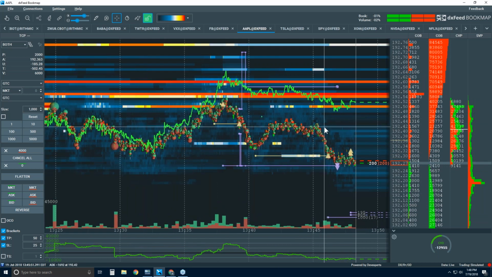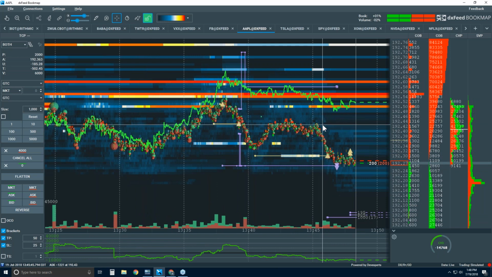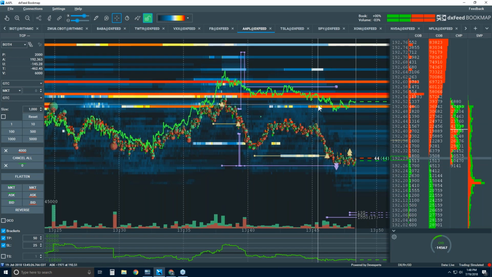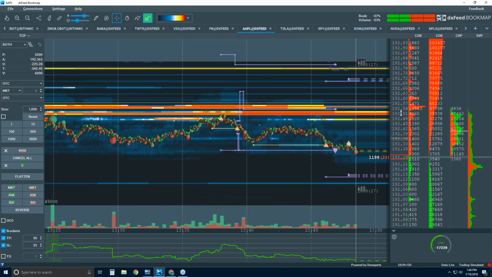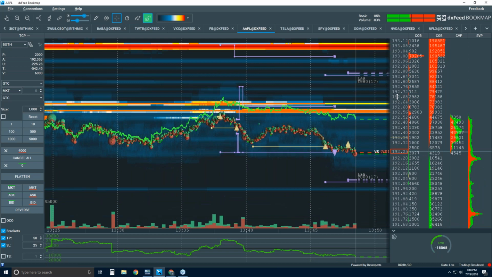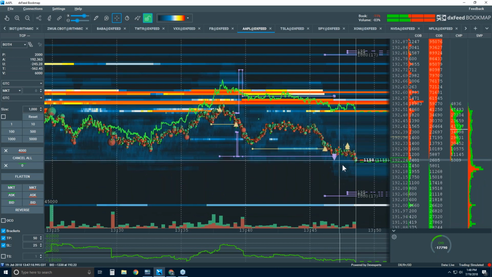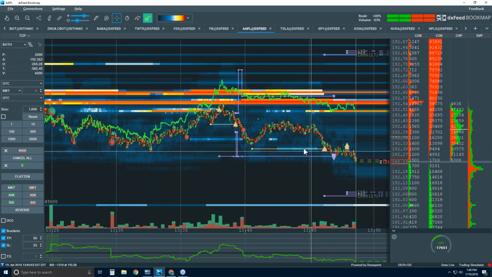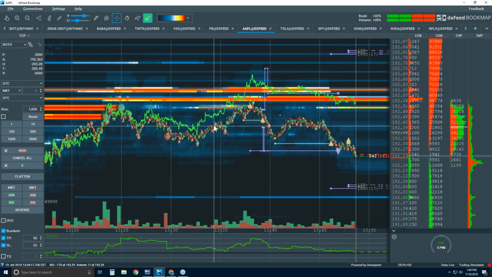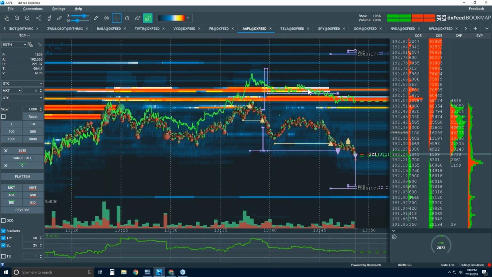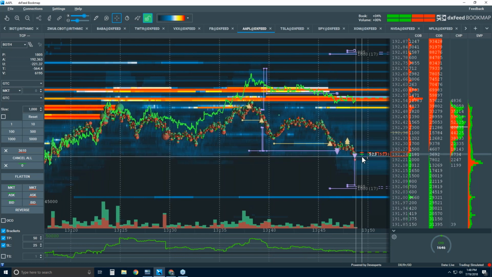Okay, looking for at least a return back into the range and back to the swing high at least. I still like the ultimate target here at 193 up there. But we will see. Okay, what's going on here?